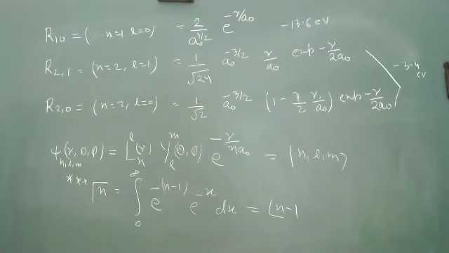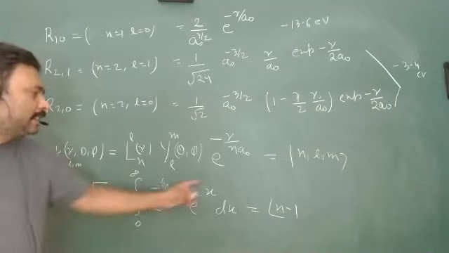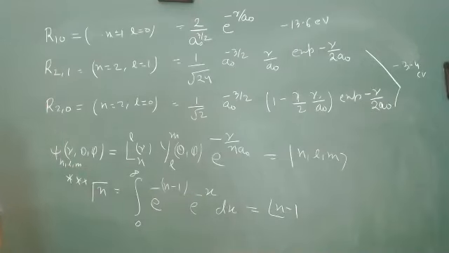Are you getting this? Yes, sir. The gamma integral formula, is it e raised to n minus 1? Is it x raised to? It is x to the power n minus 1, e to the power minus x.